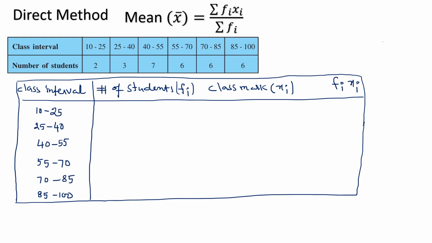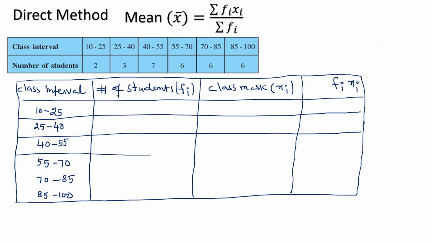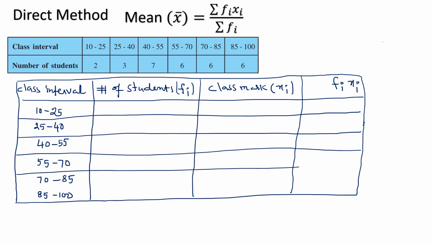This is for the number of students and this is for class mark. Let us close these rows also: 25 to 40, then 40 to 55, then 55 to 70, then 70 to 85.